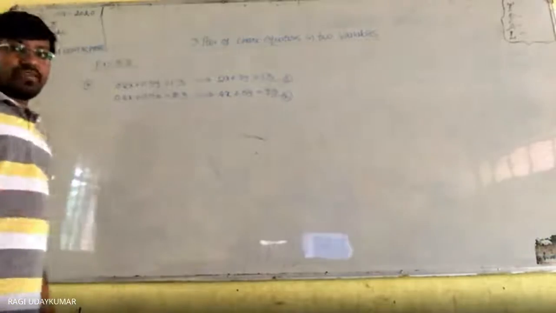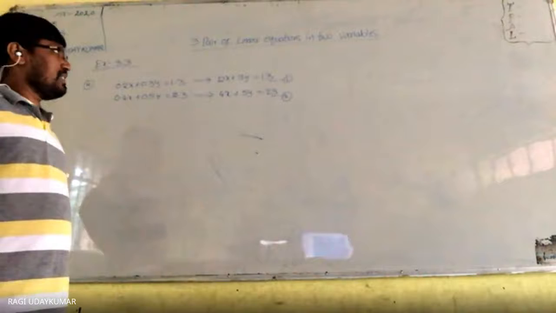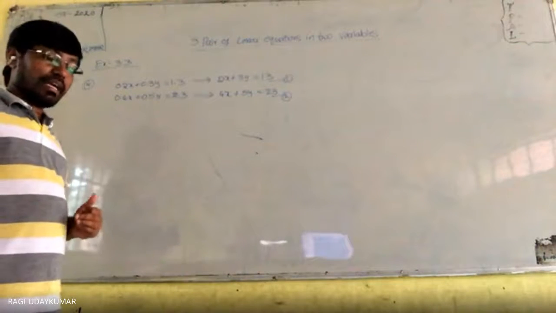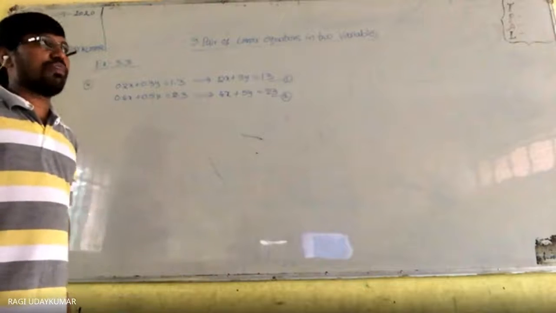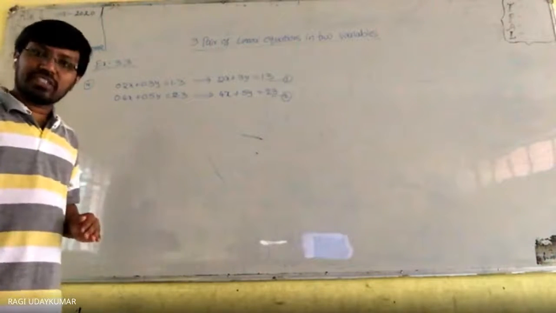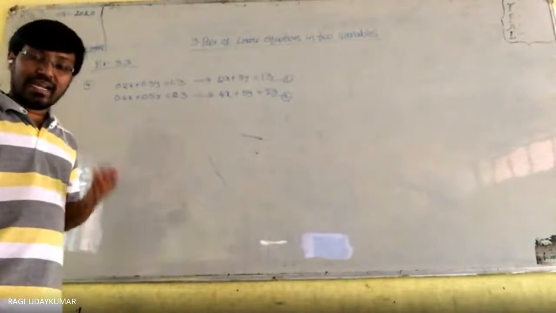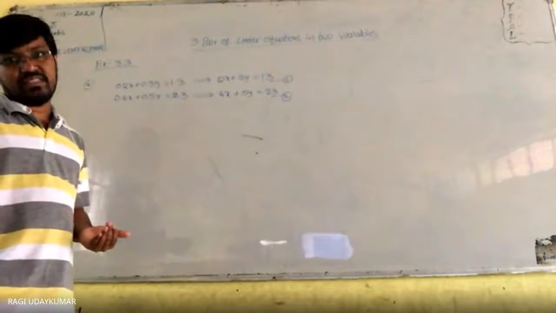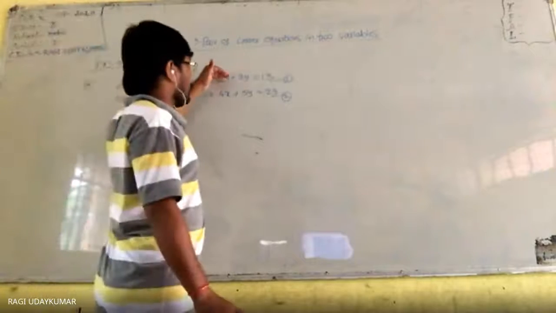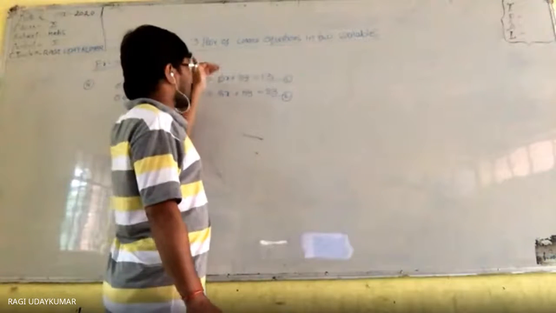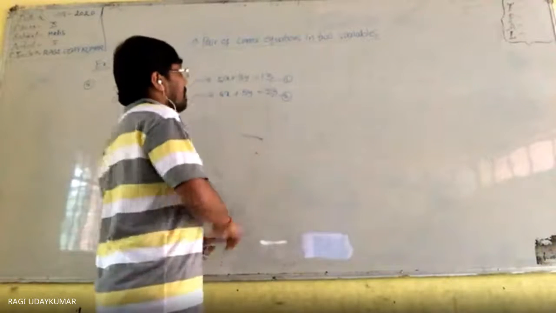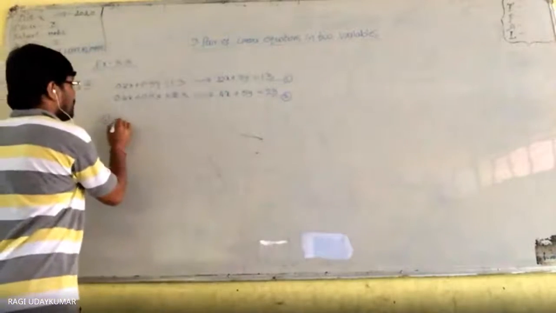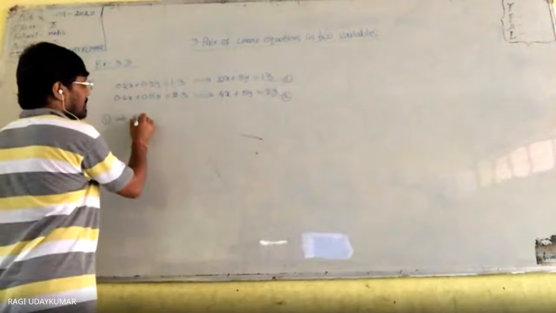In these two equations, any equation can be taken first, and in that equation one variable is expressed in terms of the other variable. Suppose I take the first equation and write x in terms of y.